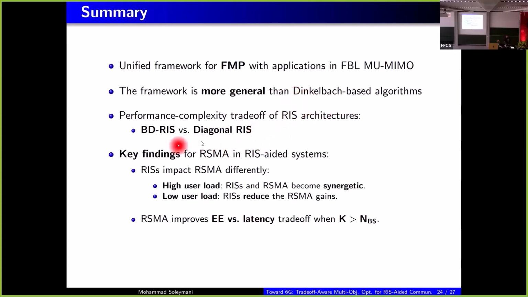We also had a comparison between BDRIS and DRIS, showing that adding complexity would improve the spectral efficiency, but may not improve the energy efficiency. We also reviewed quickly the performance of RSMA in combination with RIS.